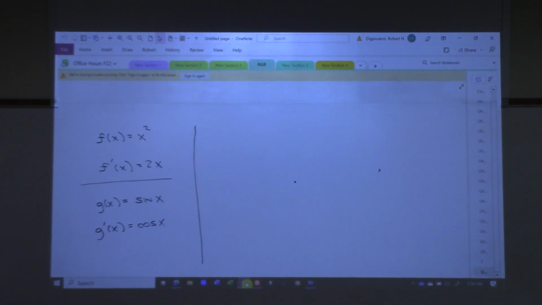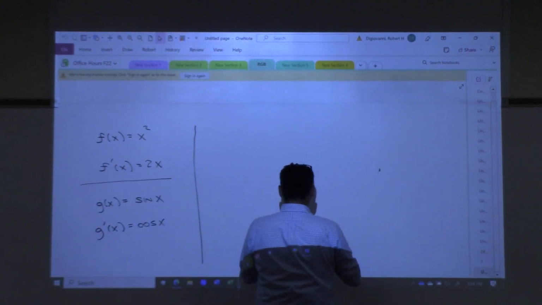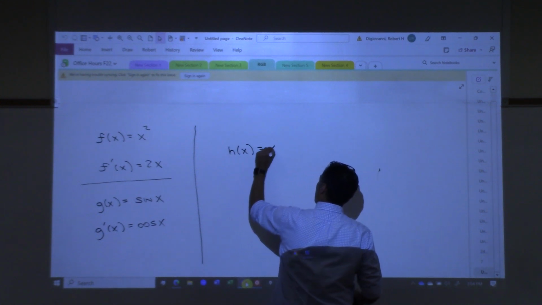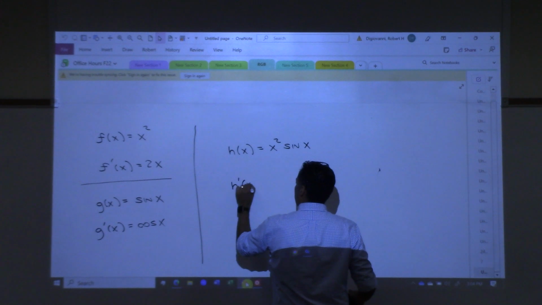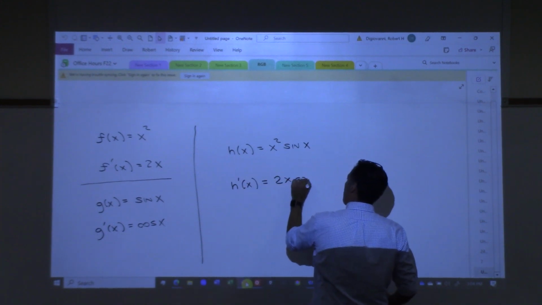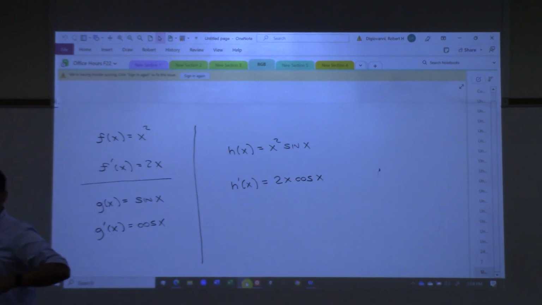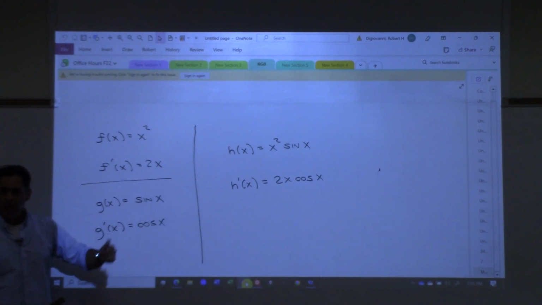And I will tell you this, that if the original function is x squared sine x, if the derivative was this, becoming an engineer, computer science, getting through all the calculus sequence would be so much easier because that behaves the way you want it to behave, the way that seems normal, right?